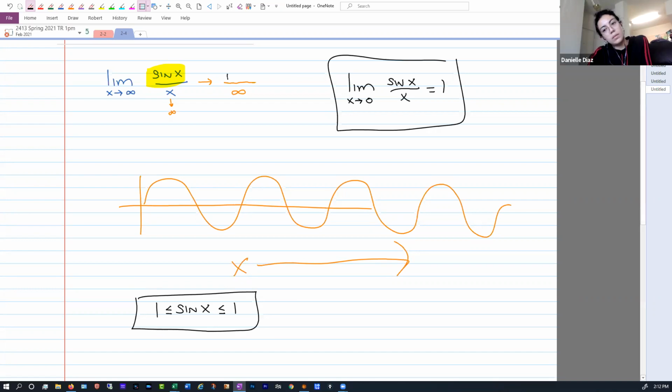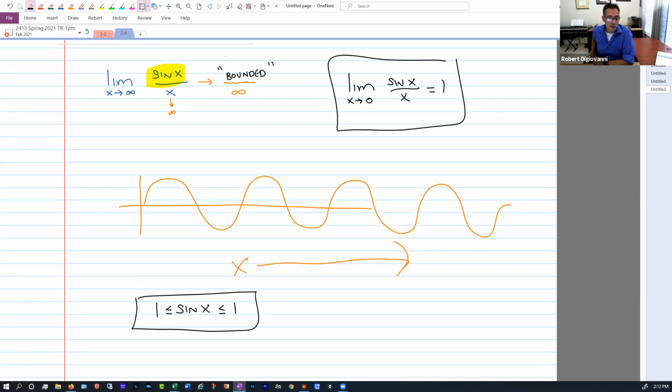Okay, so what I'm going to put here on top is a word I haven't used yet: bounded. What we have is a bounded function on top and a function that goes to infinity on the bottom. And anytime you see this, the answer is 0. Always.